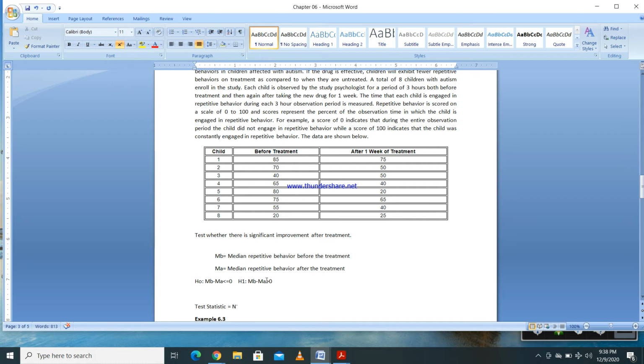If you have the less than inequality for your alternative, our test statistic is the number of positive differences.